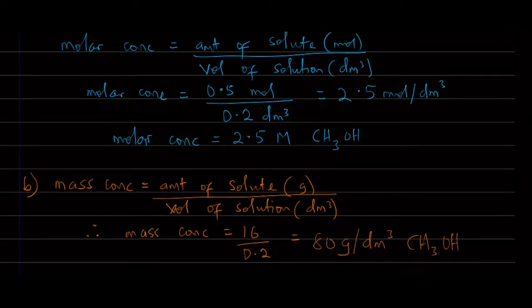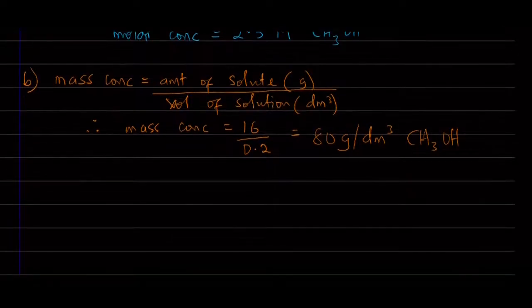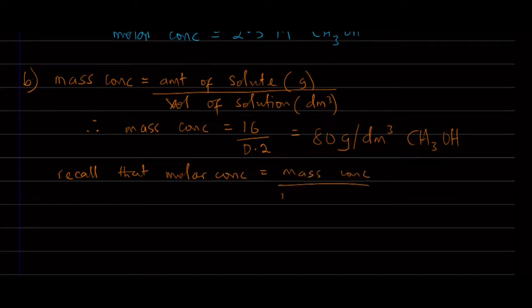This is the concentration of CH3OH in terms of gram per dm cube, but we have to solve for the molar concentration. We should recall that molar concentration is related to mass concentration by the expression you can see on the screen, mass concentration over molar mass.